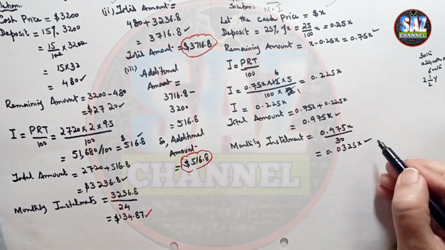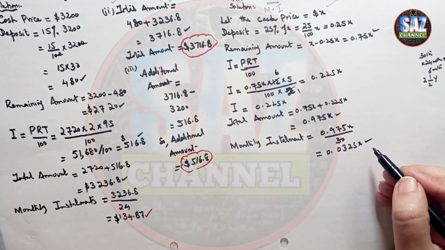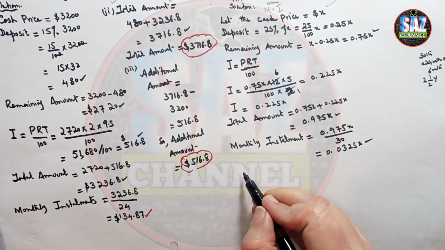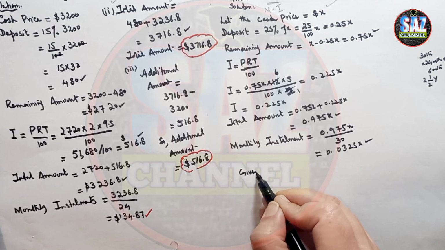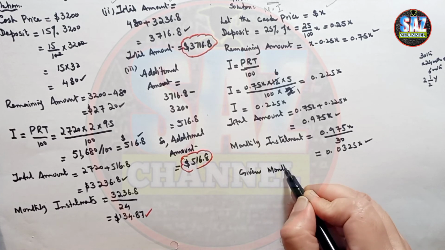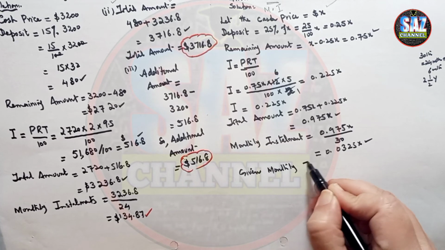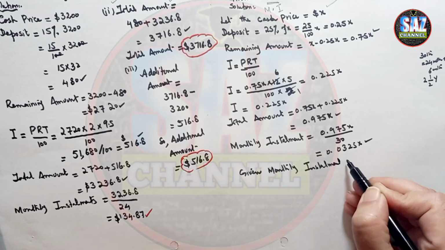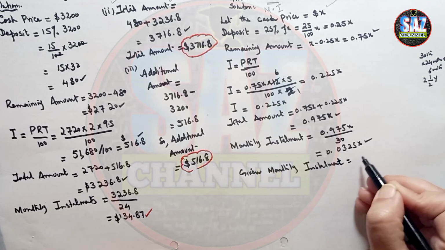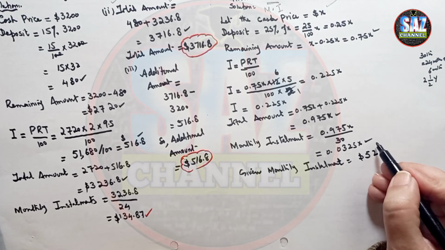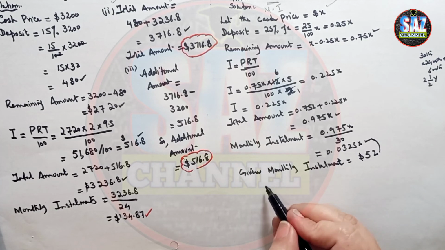This is the expression for the amount that he has to pay in 1 month. Now the given monthly installment is $52. So we are going to equate these two values.